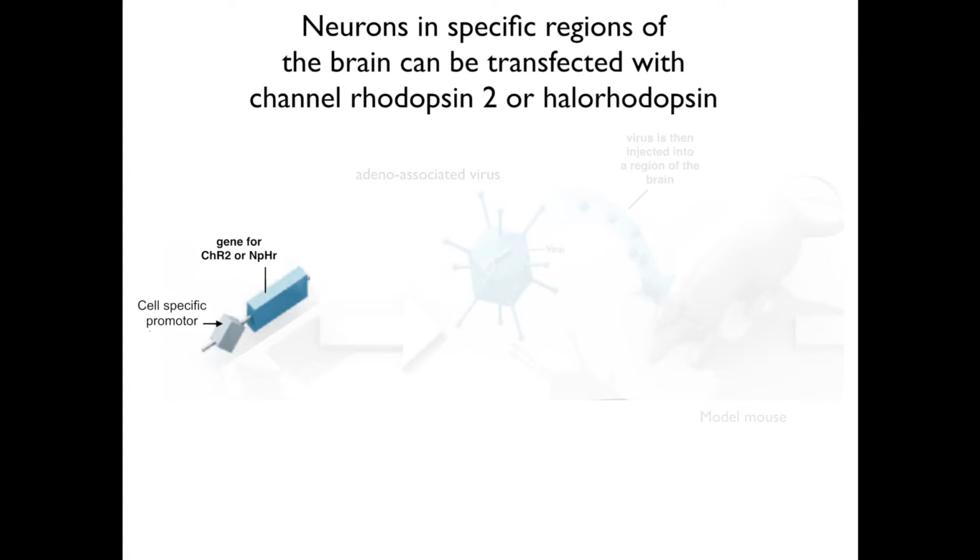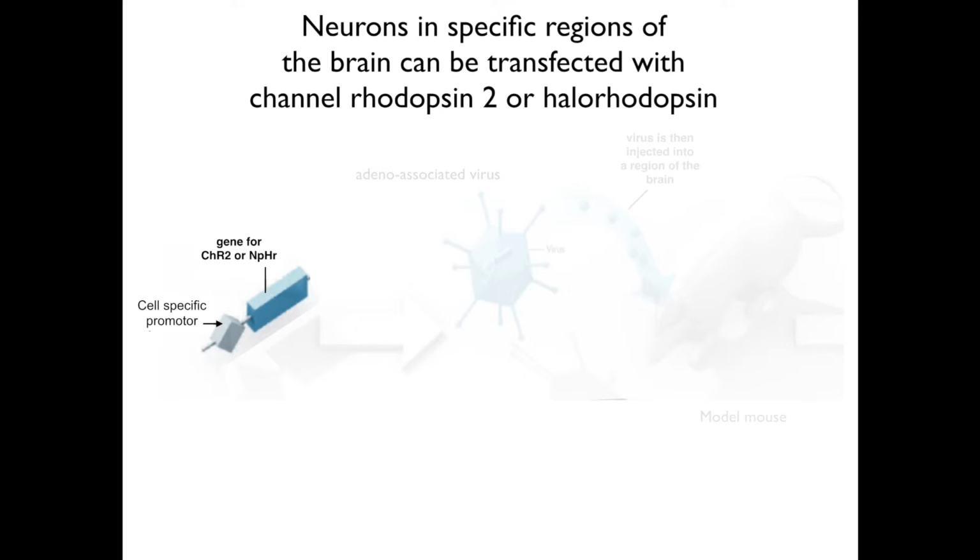The genes for channel rhodopsin 2 and halorhodopsin have been cloned and can be transfected into mammalian cells, typically with a viral vector. As shown at the bottom left of this slide, the gene for channel rhodopsin 2, or halorhodopsin, is linked to a cell-specific promoter that is active only in certain types of cells, such as neurons.